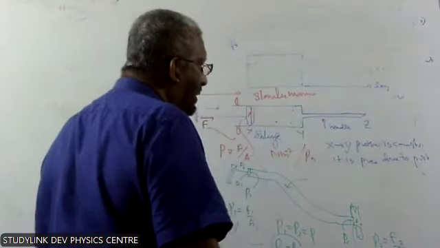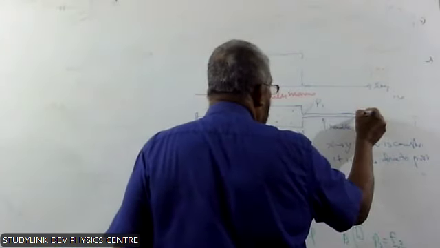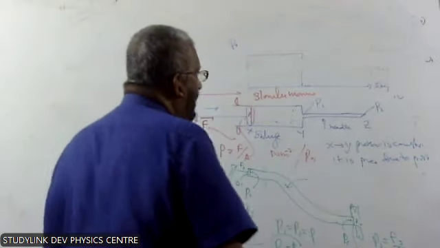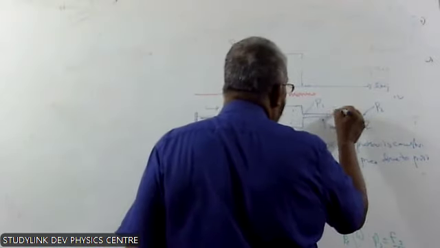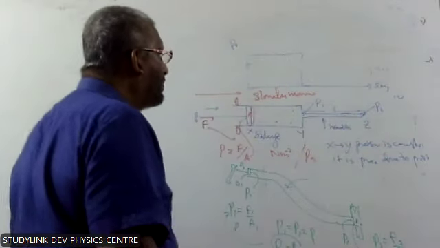After that, this is a capillary tube. So this is P1, this is P2. Then this length is a simple length. Then we can apply Poiseuille's equation.